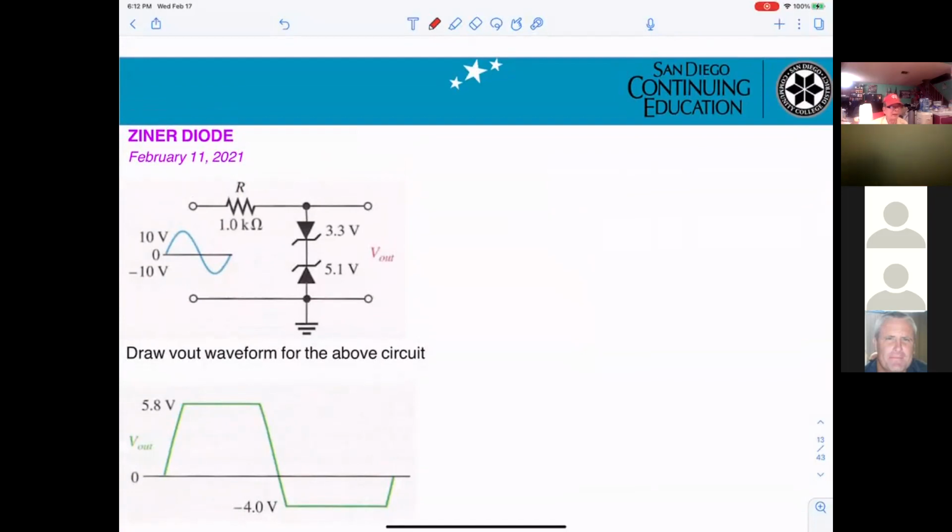First thing, if you get a 10 volt positive, that means you get 10 volt here.